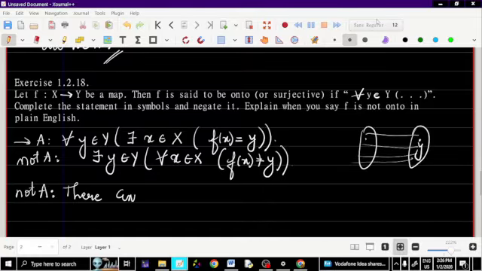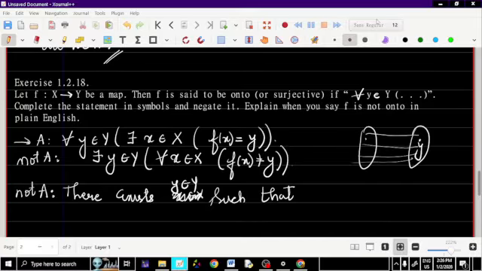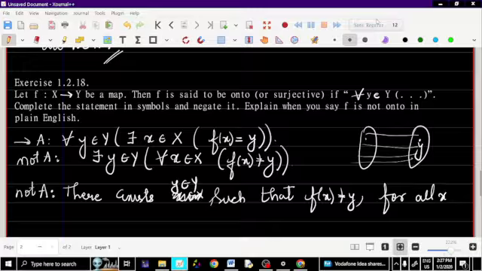There exists a point y in Y such that f of x is not equal to y for all x in X. That means there is a point in the codomain which does not have a preimage. So that's the negation in plain English.